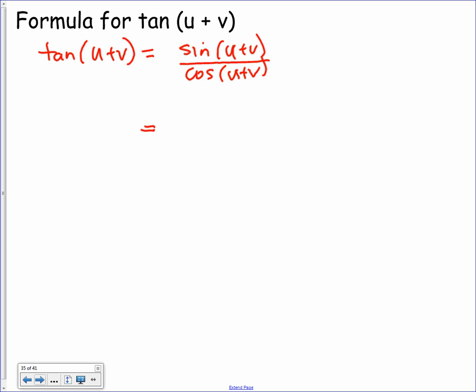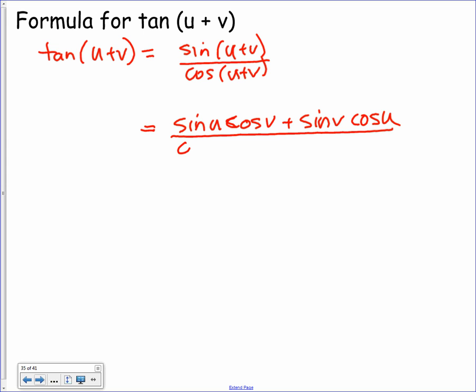Okay, so what was the sine of the sum of angles? This is the sine of u cosine of v plus sine of v cosine of u, all over cosine u cosine v minus sine u sine v.